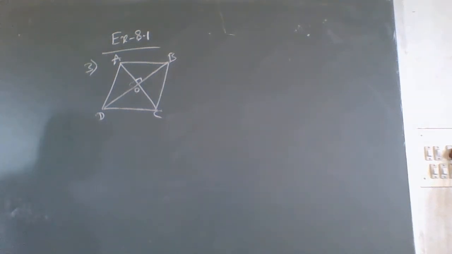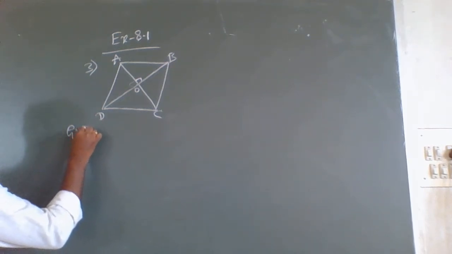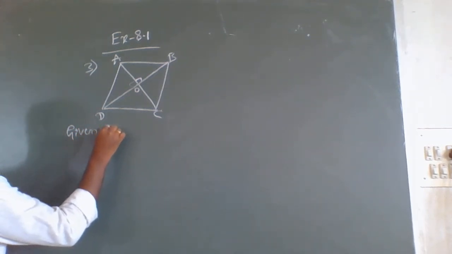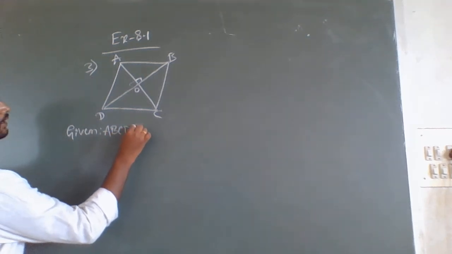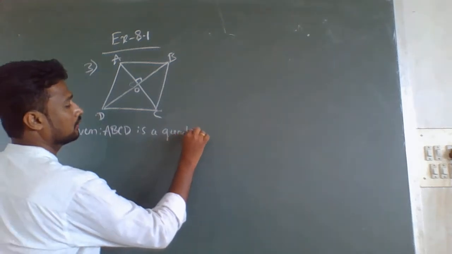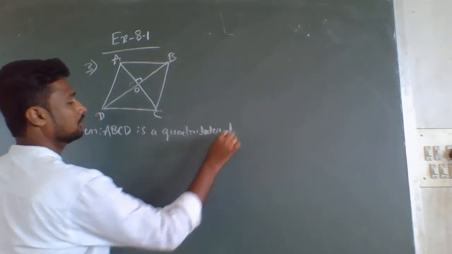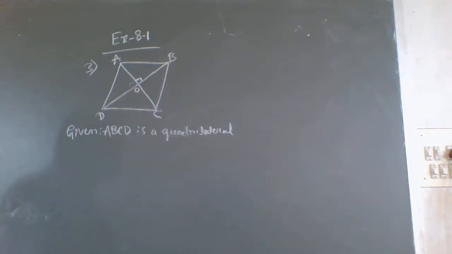So what is given here? ABCD is a quadrilateral, and AC and BD bisect each other at right angle because it is given.